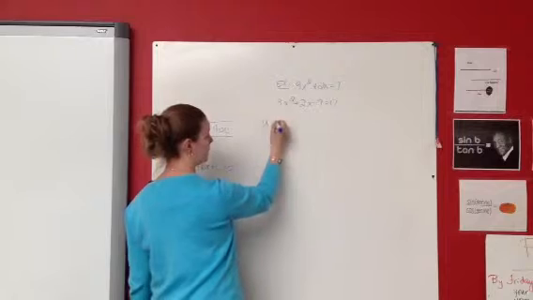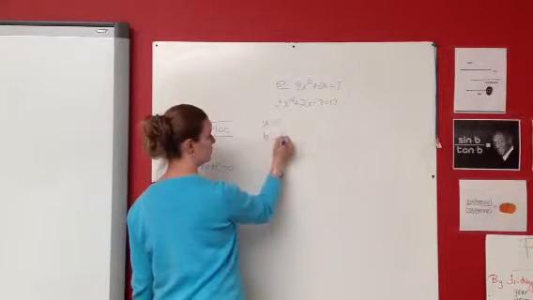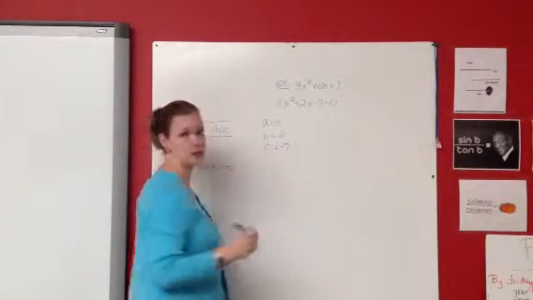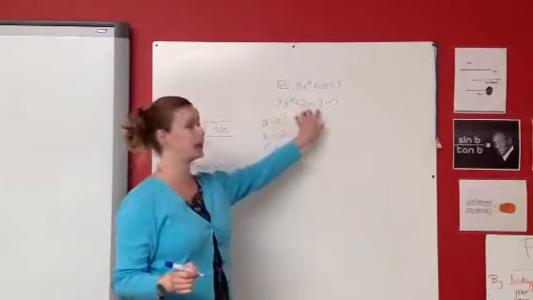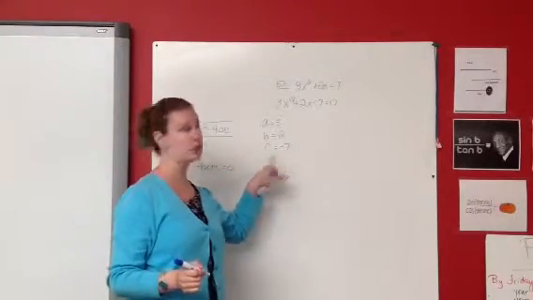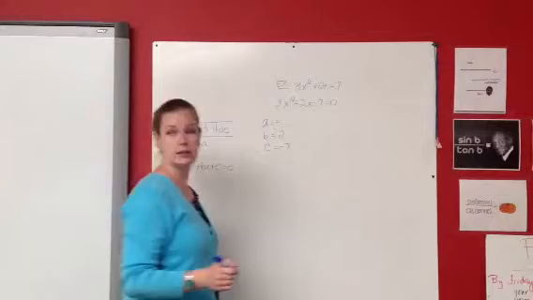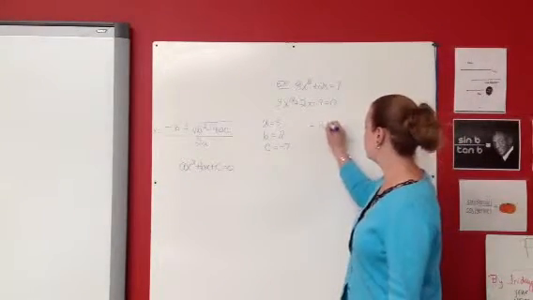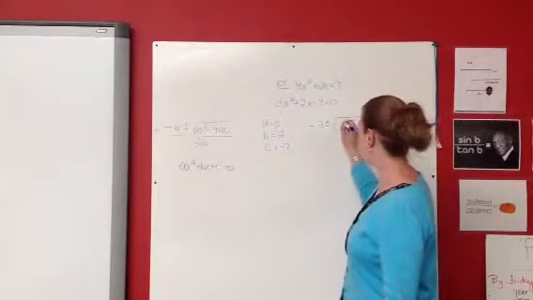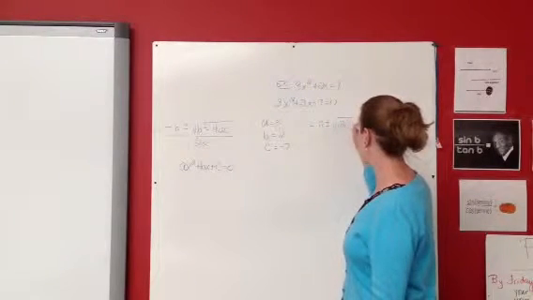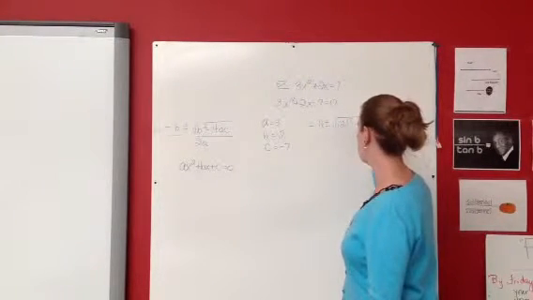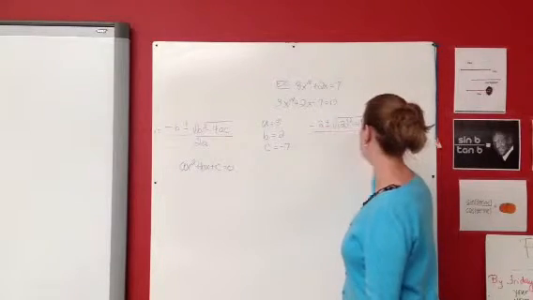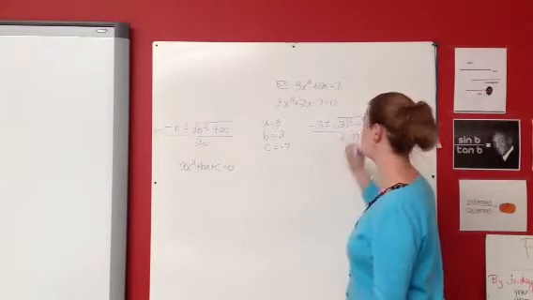Your a is 3, your b is 2, and your c is negative 7. It's important to note that you take the sign with the constant. So then it's just a matter of plugging these things in. We will have the opposite of b, which is negative 2, plus or minus the square root of b squared minus 4 times a times c, all divided by 2 times a.